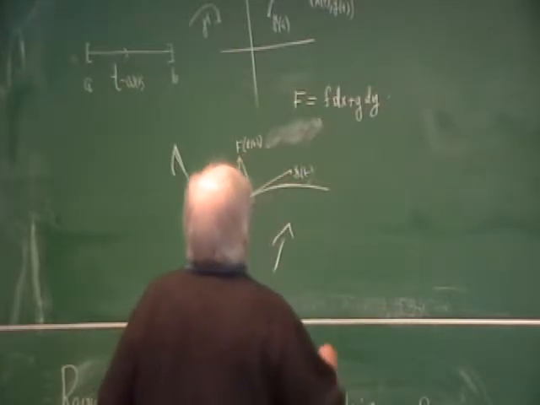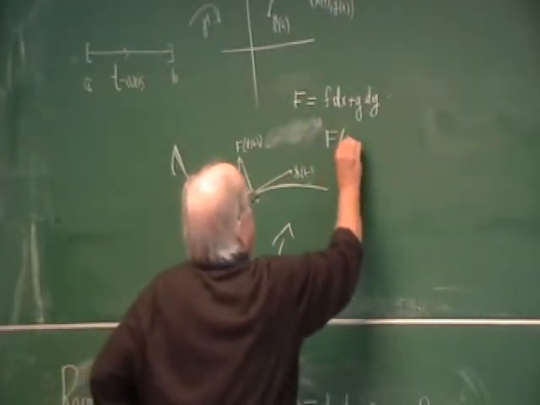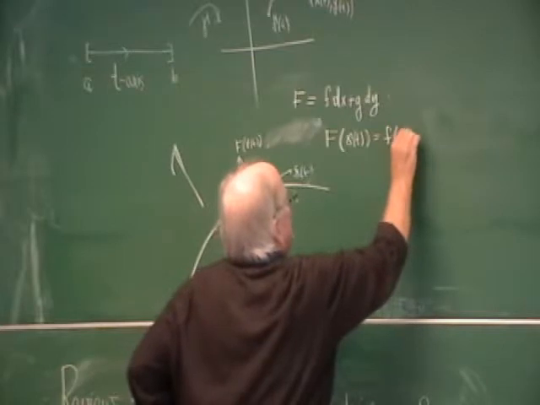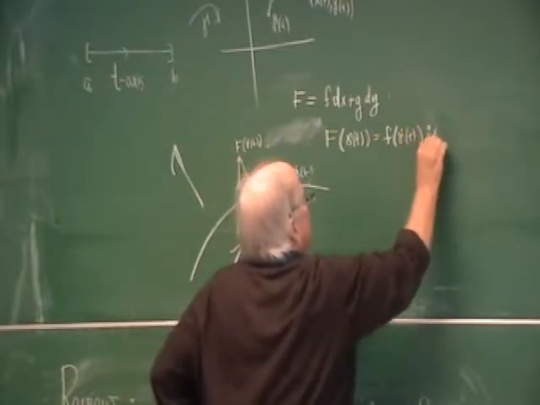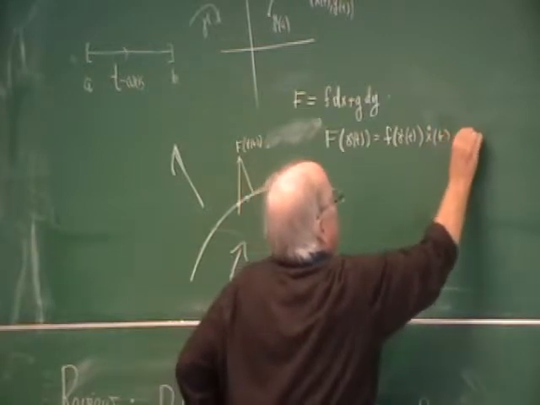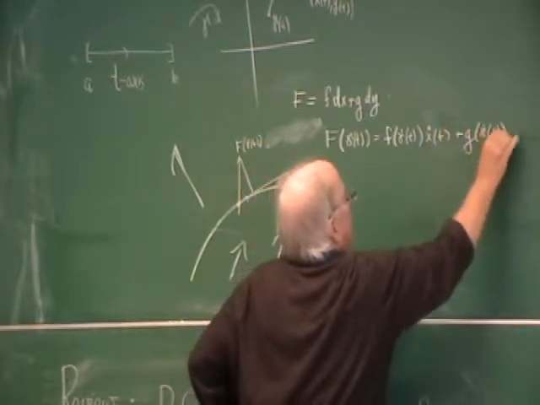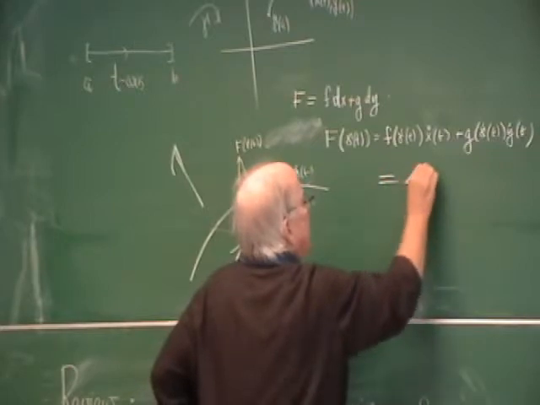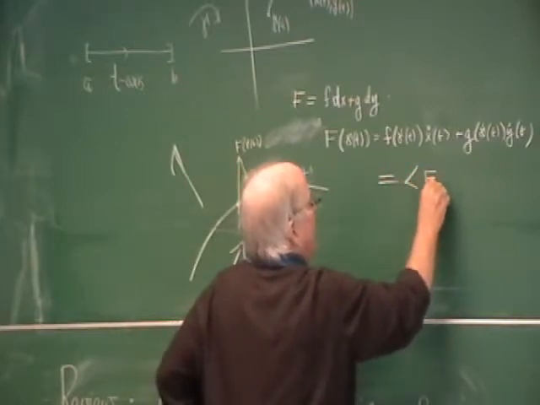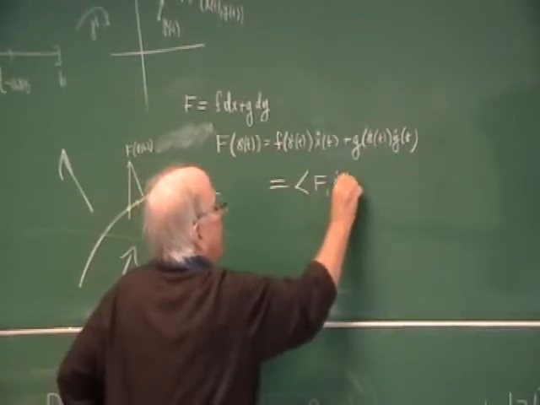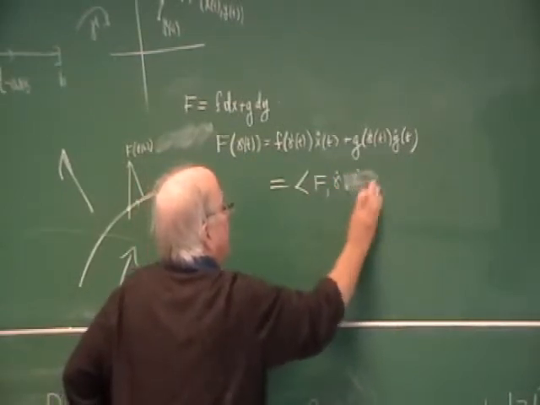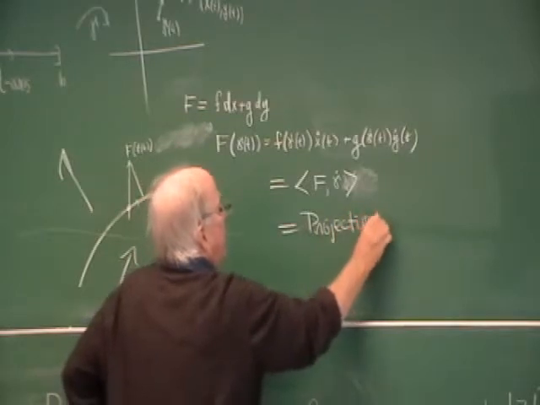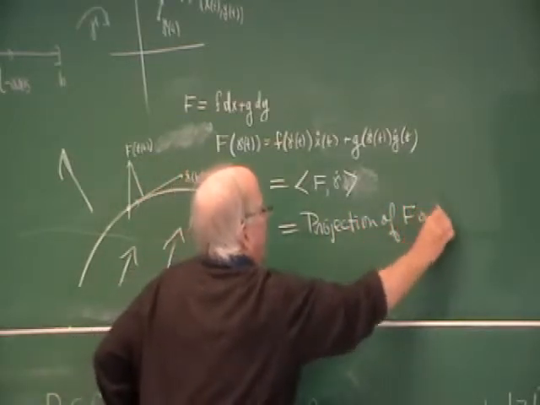What this differential form is, it tells you that at the time t, at the point gamma of t, you get this thing, which you easily understand as the inner product of F with the velocity vector, with the, we'll write T here, which is the projection of F on gamma.